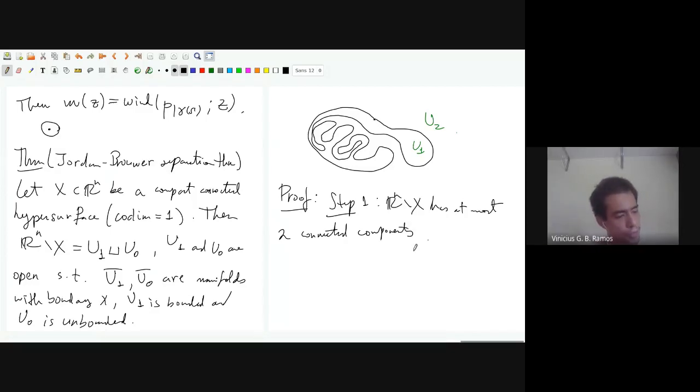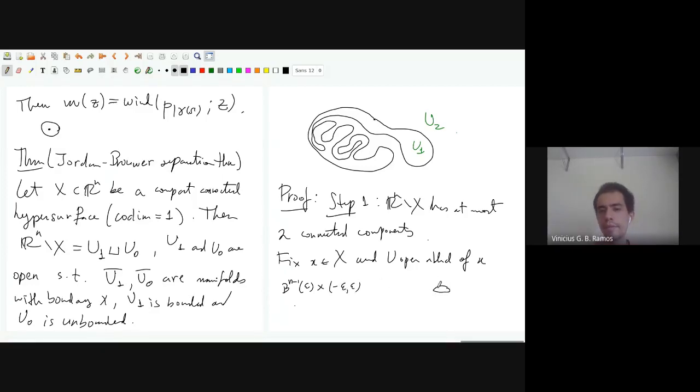Okay, so let's fix a point, a little x in X, and an open neighborhood of X. So you can think of an open neighborhood of X. This will be diffeomorphic to something like a little ball, B^(n-1)(epsilon) times (-epsilon, epsilon).